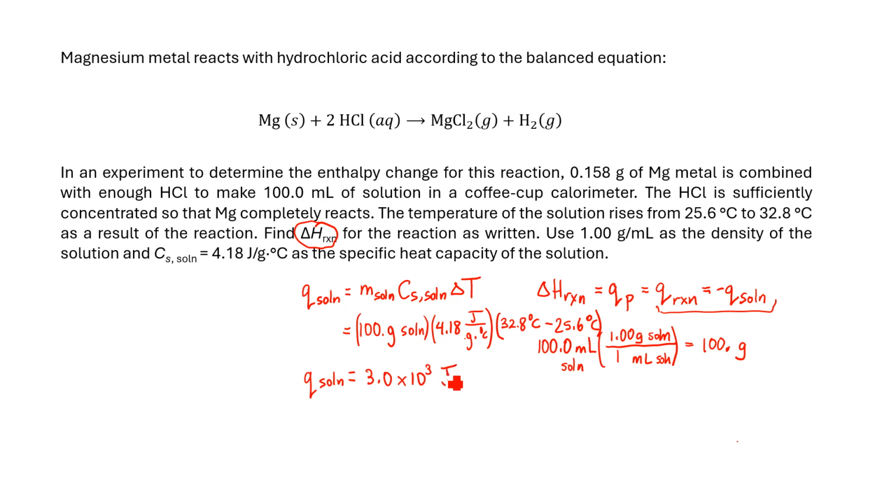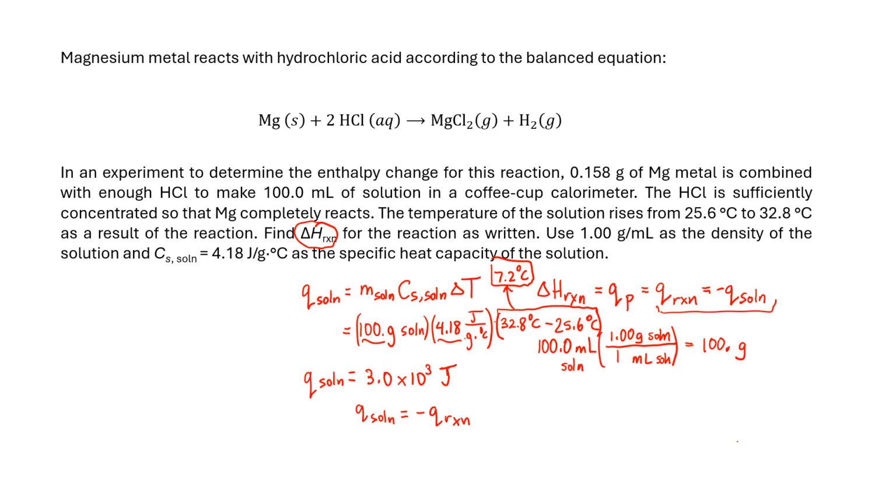And you're probably wondering why that's 2 significant figures. That's because when you subtract the temperatures, you get 2 sig figs. So this ends up being, I think it's 7.2 degrees Celsius. So that has 2 sig figs. This has 3, this has 3. So the least amount is 2. So that's why our answer is in 2. Okay. But remember that Q solution is equal to negative Q of the reaction.